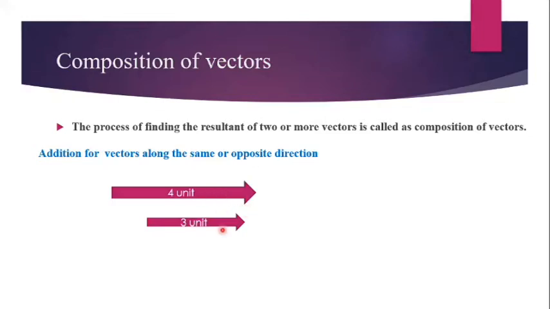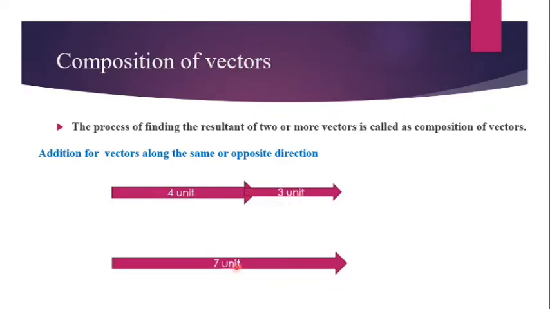The addition of these two vectors can be performed by adding their magnitudes like this. The magnitude then becomes 7 units. The direction of the resultant vector is then the same as both vectors here.